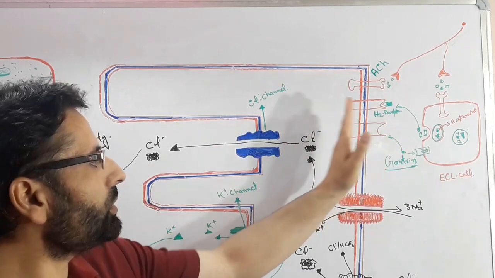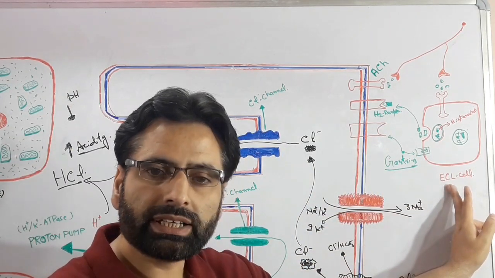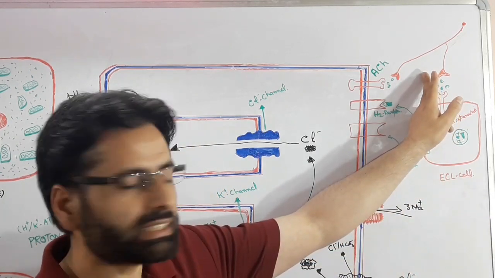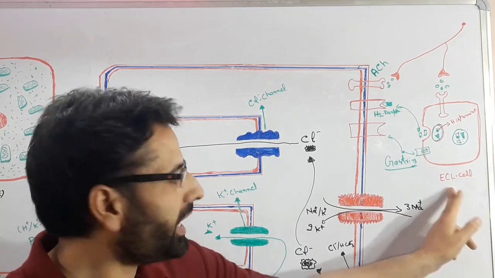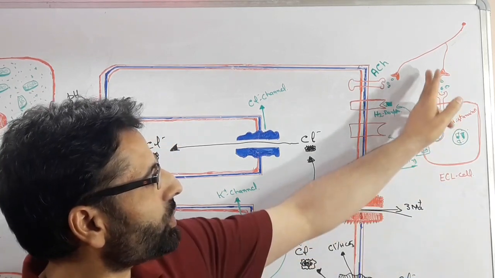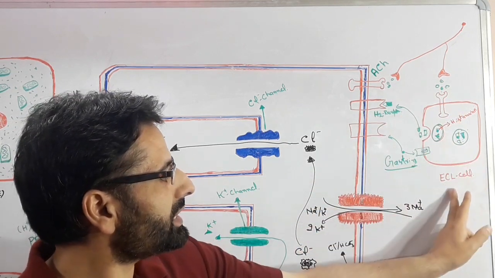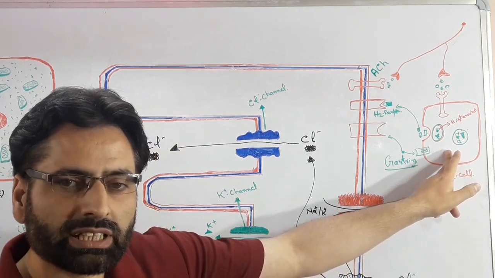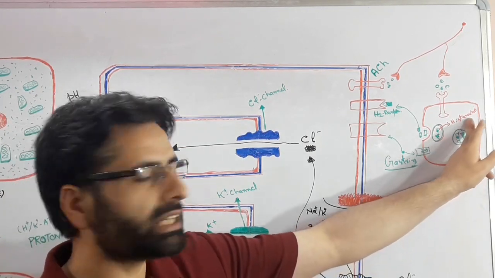Another way to act on the parietal cell is through the enterochromaffin-like cell, or ECL cell. Gastrin as well as acetylcholine has receptors on the ECL cell, and once they are released and bind these receptors, the ECL cell increases the release of histamine.